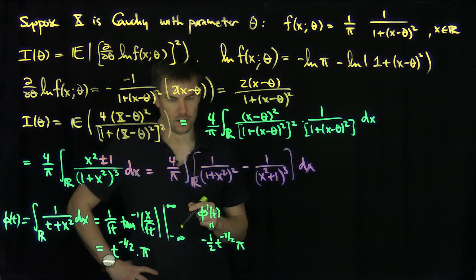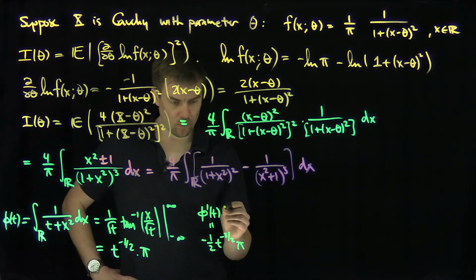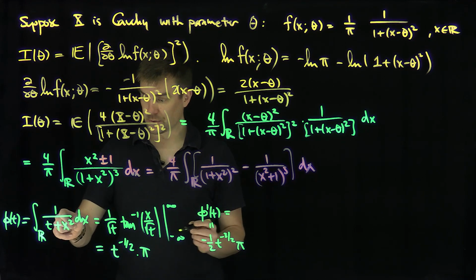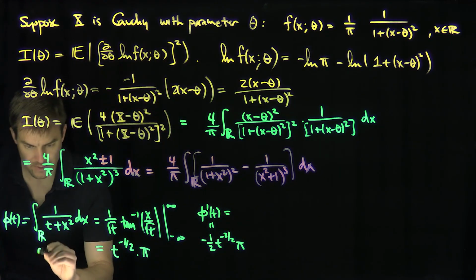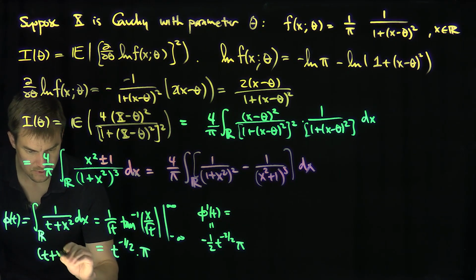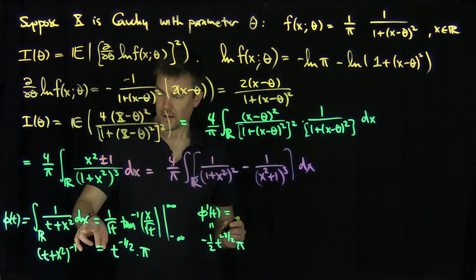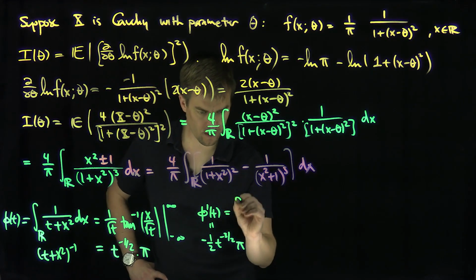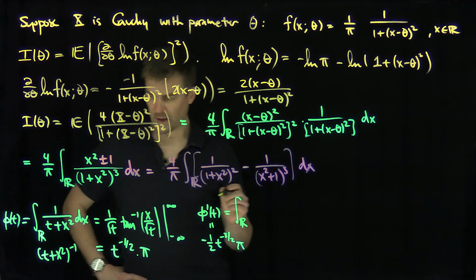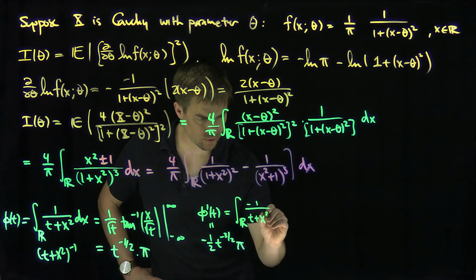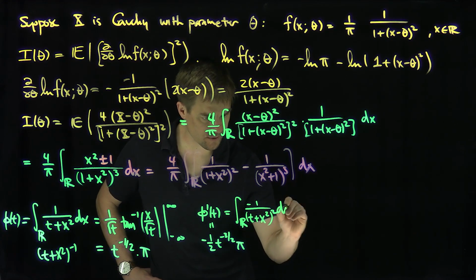And it will also be equal to the t derivative of the integral, which just gives a factor of x, t plus x squared to the -1. So the t derivative is -1, and then integral over R of -1 over t plus x squared dx.